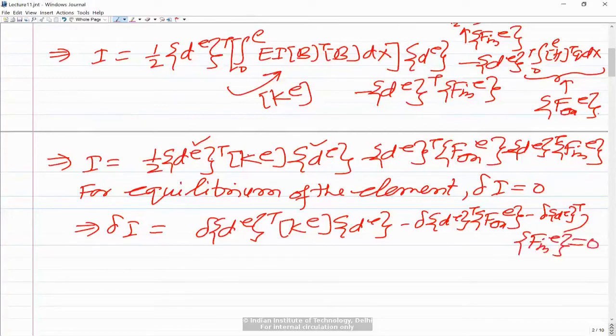So now we know that delta I should be equal to 0 for arbitrary delta d. Arbitrary means it can take any values, of course infinitesimally small values, and kinematically admissible. The 4 degrees of freedom in d involve v1e, theta 1e, v2e, theta 2e. So we could have any arbitrary variation, in any one or in all, but for all those cases delta I should be equal to 0.